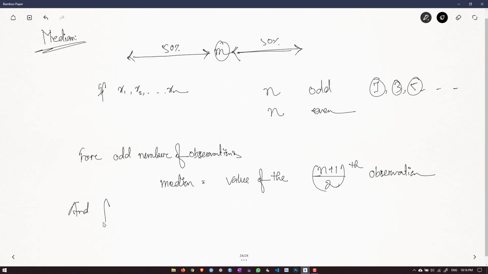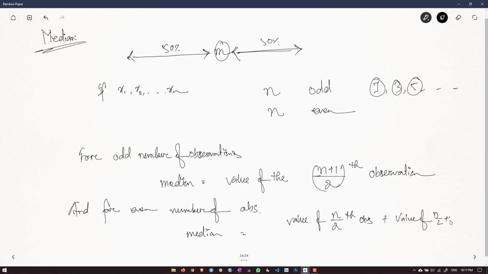And for even number of observations, median is equal to the value of n by 2 at observation plus the value of n by 2 plus 1 at observation, divided by 2, right?